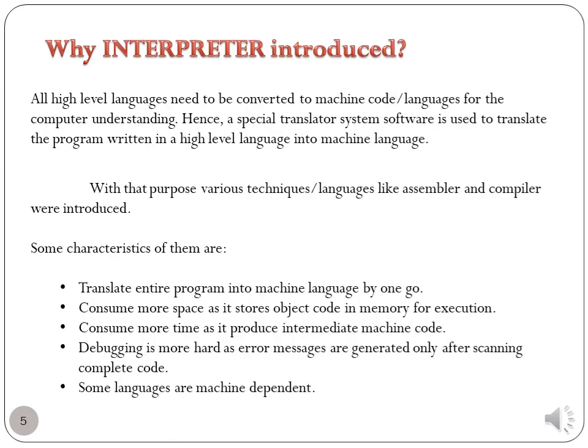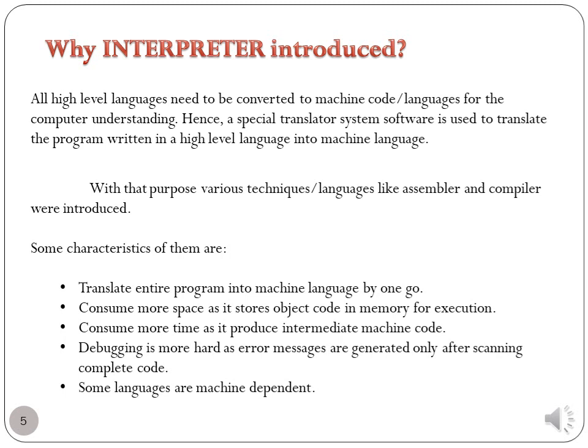Under this part, we discuss the concept of interpreters. As mentioned above, all high-level languages should be converted into machine codes for computer understanding. With time, various types of technologies were introduced, like compilers and assemblers. These technologies translate the entire program into machine language in one go and consume more space as they store object code in memory for execution.